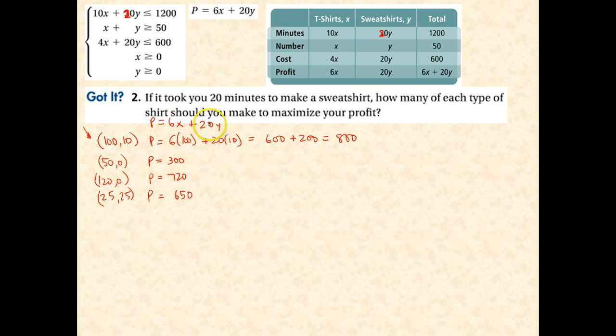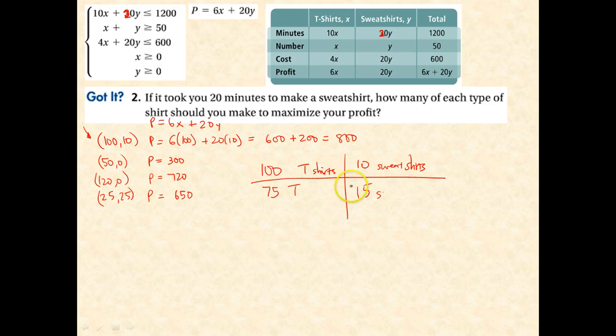So if we get better at sweatshirts and can make them in 20 minutes, now we want to make 100 t-shirts and 10 sweatshirts, which might seem a little weird because our old optimum was 75 t-shirts and 15 sweatshirts.